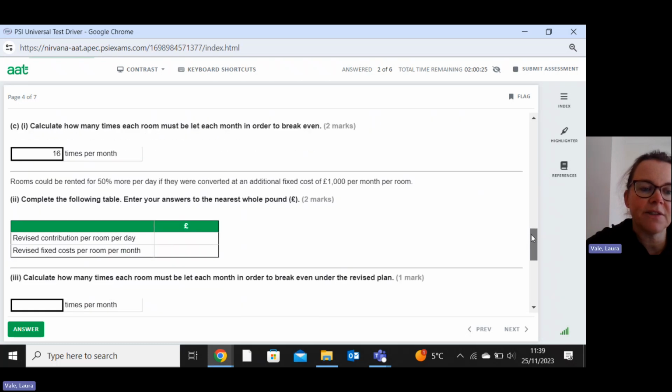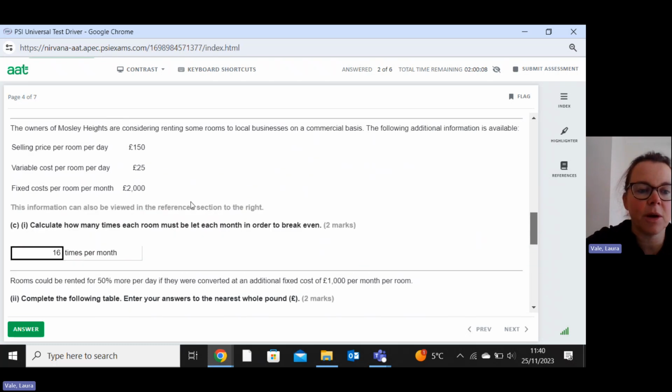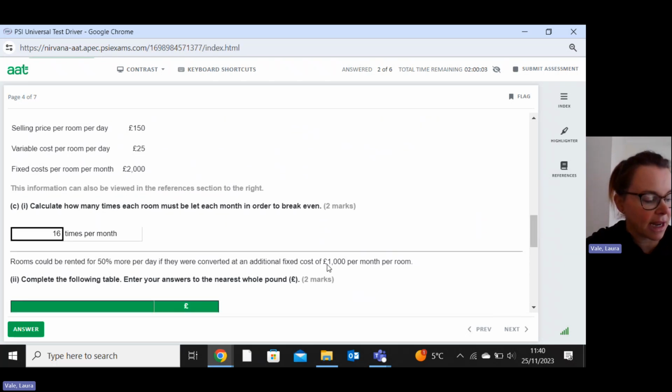Rooms could be rented for 50% more per day if they were converted at an additional fixed cost of £1,000 per month per room. So the revised contribution, so my fixed costs were 2,000. This is an additional 1,000. So now I've got a fixed cost of 3,000.